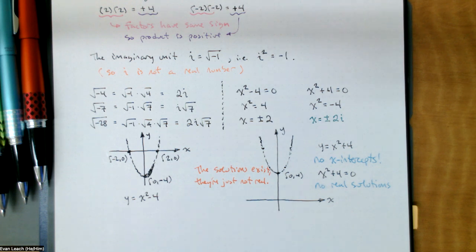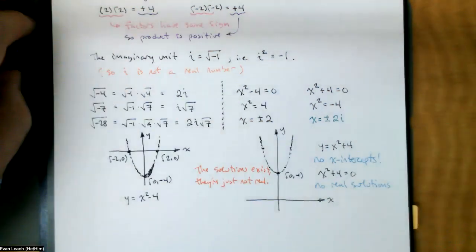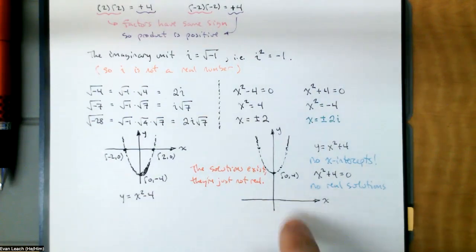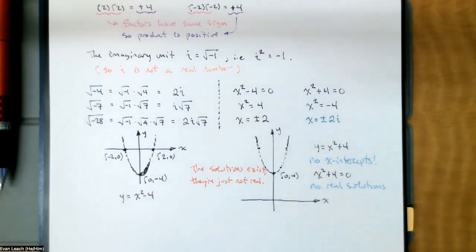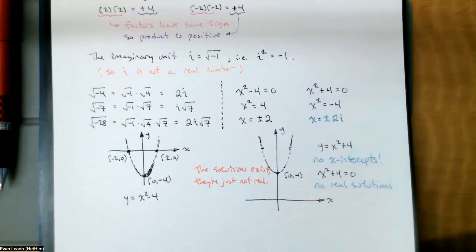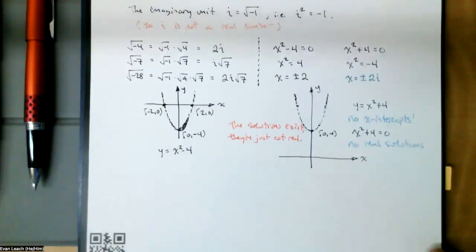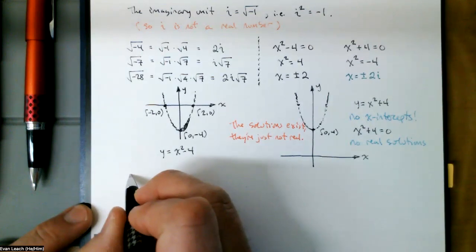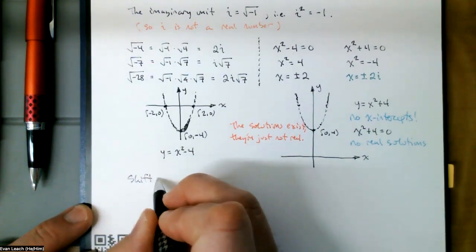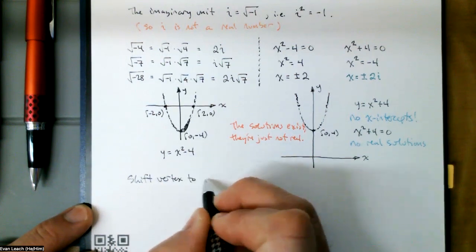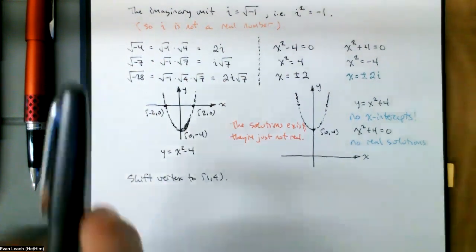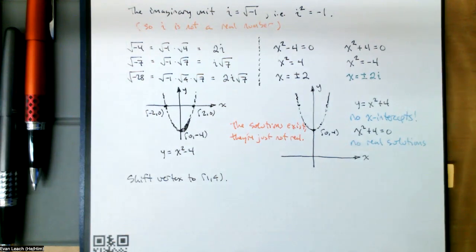So what if things are moved over? What if this parabola, instead of having a vertex at 0, 4, we move the vertex over to say 1, 4?